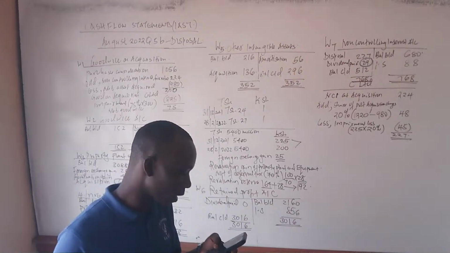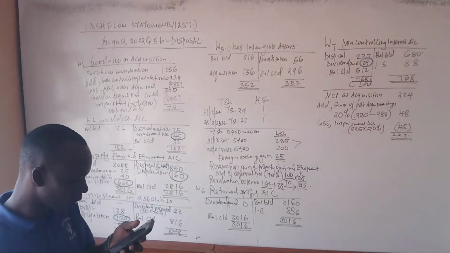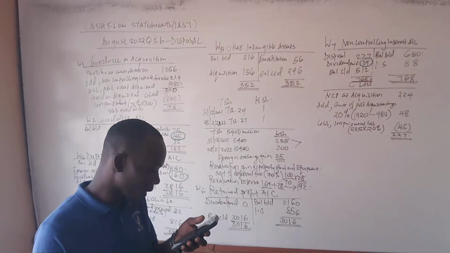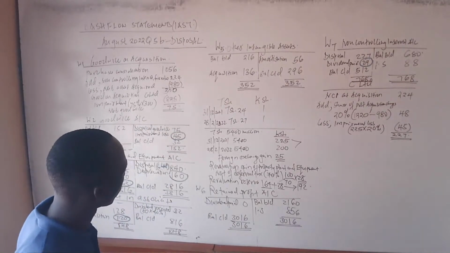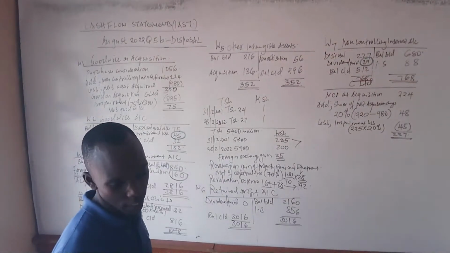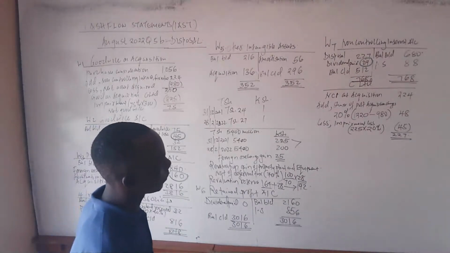So for this case, we are going to work in reverse. What do I mean we are going to work in reverse? We are going to work in reverse because you will realize that the examiner has not given you the cash proceeds on disposal of the subsidiary.